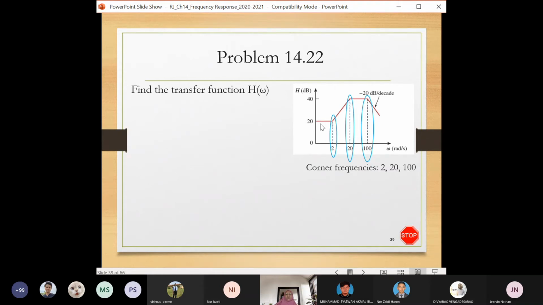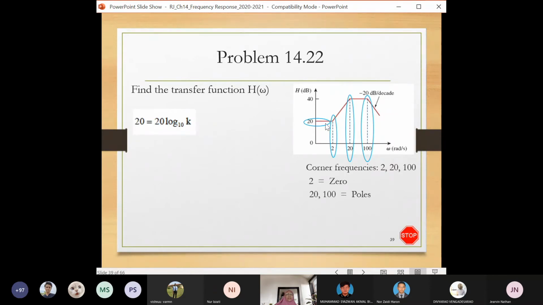So 2, because it goes from flat until it rises, must be a zero. It cannot be a pole, because a pole must drop. So here 2 is a zero, 20 is a pole, 100 is a pole.